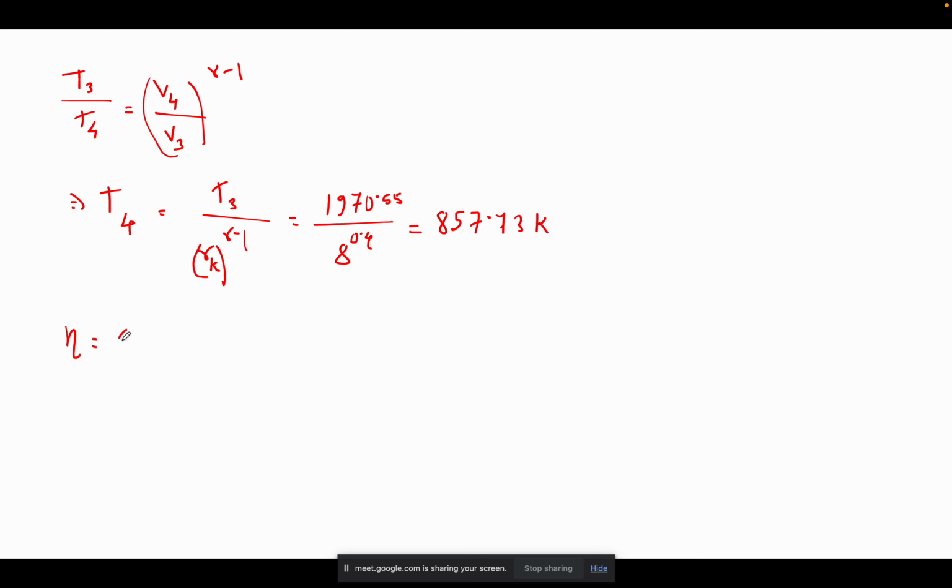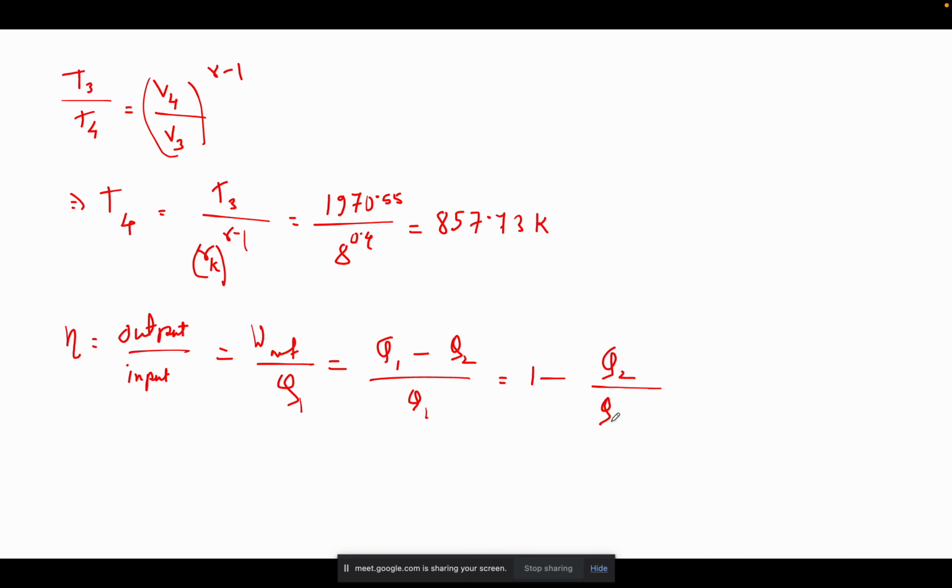Now eta is what? Output divided by input, that is nothing but W net divided by Q1, which is nothing but Q1 minus Q2 divided by Q1, which is also nothing but 1 minus Q2 divided by Q1. Now what is Q2?